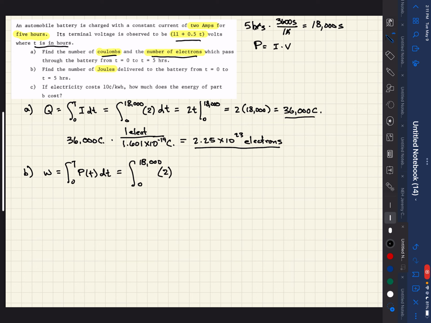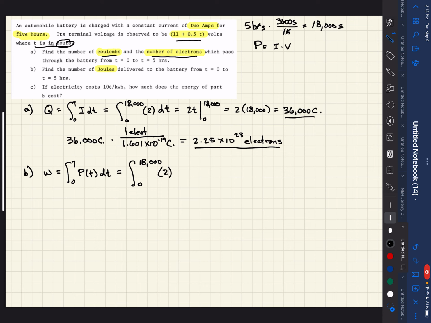Now here's where we have to be careful, because remember, this expression is given to us in hours, but we're integrating with seconds. So we have to put a factor in there to change it from seconds to hours, because we need it in hours now.